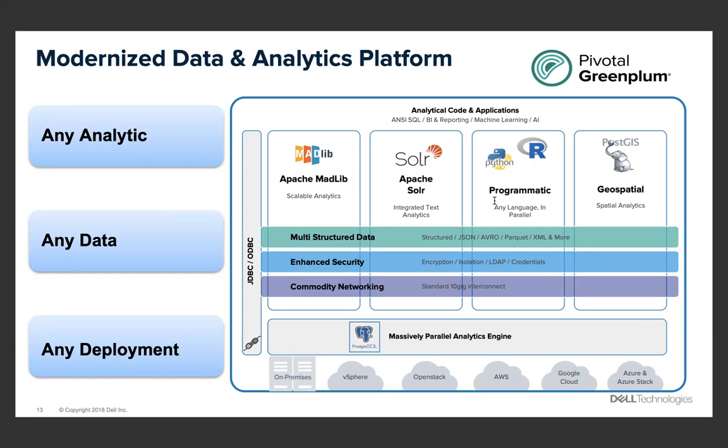In the middle layer, GreenPlan can process multi-structured data and enhance the security. In the top layer, GreenPlan provides advanced analytics, spatial, and text processing. In summary, GreenPlan can run anywhere, any deployment, process any data, and provide any analytics.